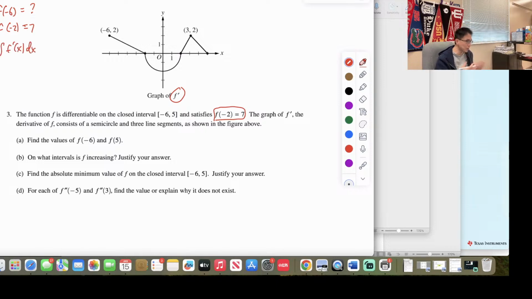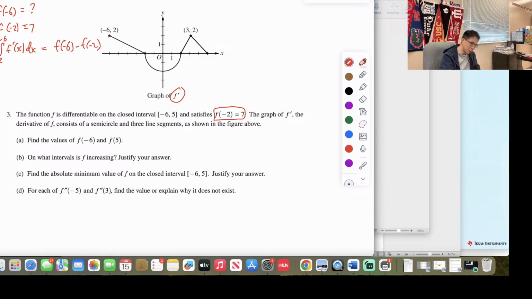Now I can choose anywhere I want to because the orientation doesn't really matter as long as you fix it. So I'm going to choose the way that makes less sense, but hopefully it will make more sense later. If I start with -2 because that's the initial condition I know, and this is -6, I always write down f of -6 is minus f of -2.